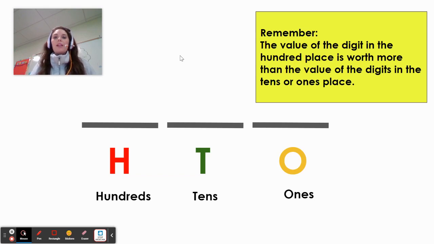Okay? 100 is still more than 9 tens. If I had 9 tens, I would have 90, and 100 is still more than 90. So the value of the digit in the hundreds place is worth more than the value of the digit in the tens or the ones place. I'll show you what I mean.